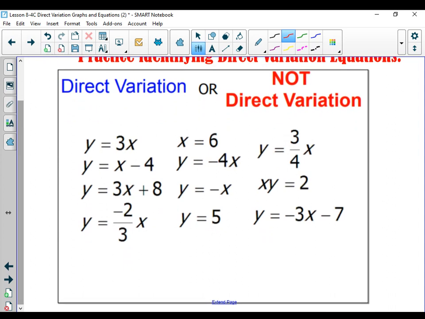So the same thing on the next box over, we're trying to identify the ones that follow his rule and the ones that don't. So the y-intercept has to be 0 in order to fall under this category. So what if the y-intercept is negative 4?